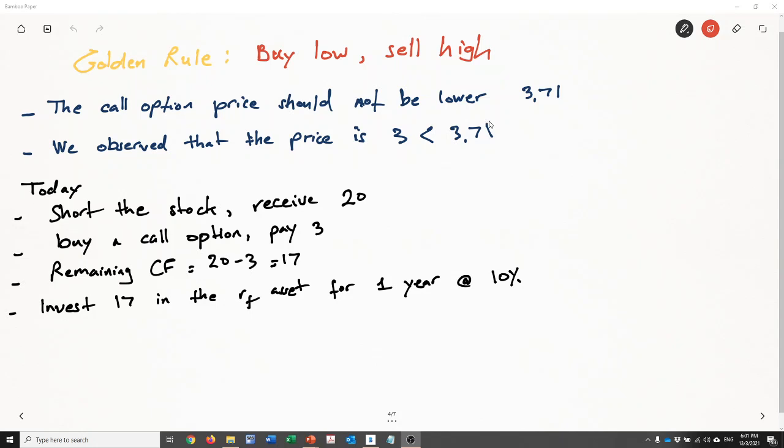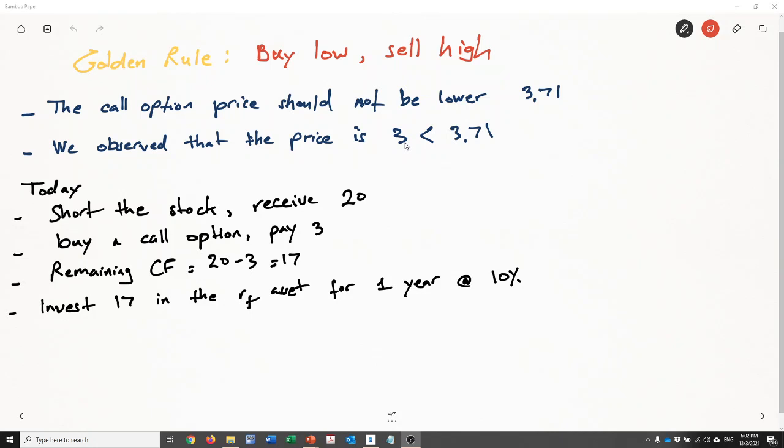Okay, what should we do whenever we are dealing with an arbitrage opportunity with derivatives? Well, we follow the golden rule, which is buy low, sell high. So in our case, what is the low? It's the option.